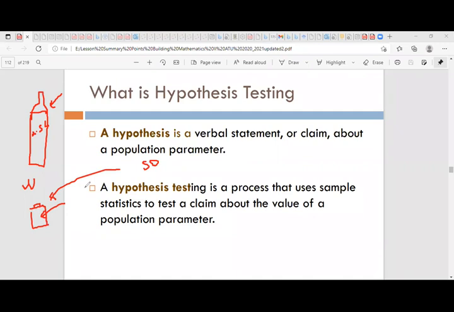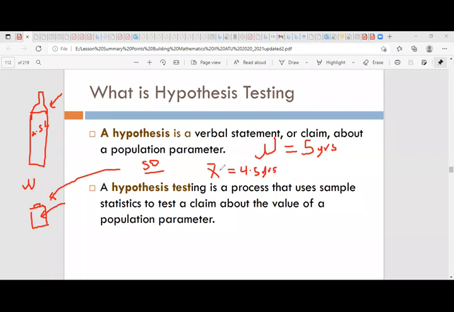Then based on the average information we are gathering from our sample, we can make a deduction on their claim. They may have been claiming that the average lifespan for all the batteries is 5 years. But based on the sample information, you may find out that the average is about 4.5 years, with some standard deviation.